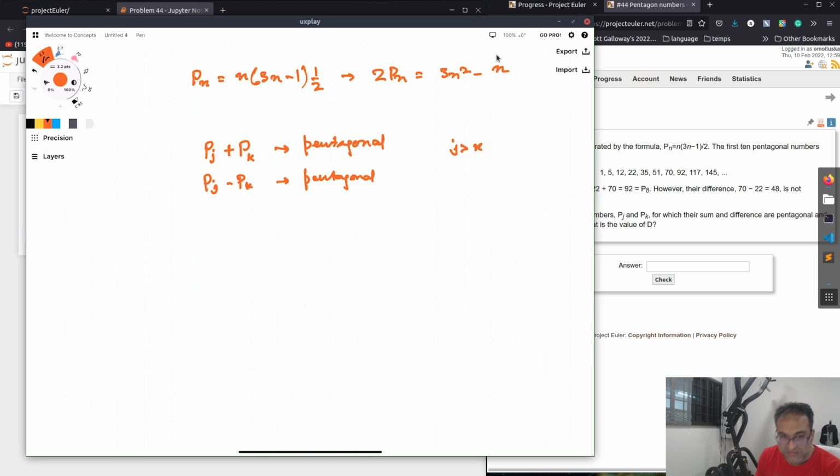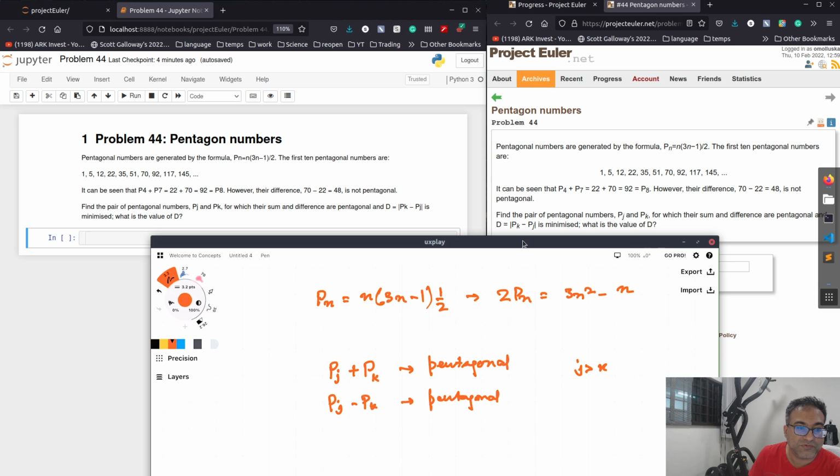That's something we have to remember. So if that is the case, we want to find Pj minus Pk. That's the value we want to find.